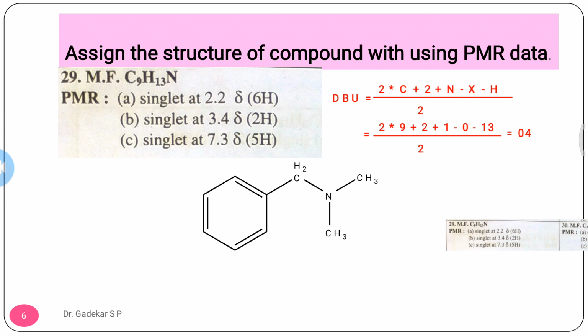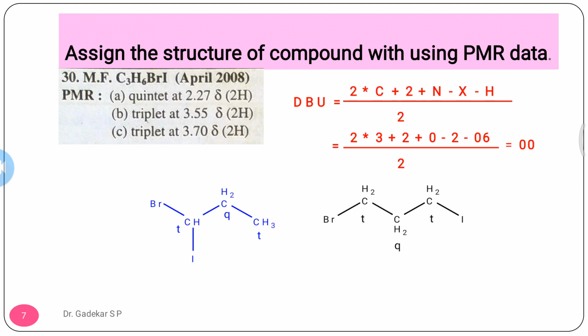It means no neighboring protons. And third, singlet for 5 hydrogens. Again, 5 hydrogens chemically equivalent, it means presence of a benzene ring. Connecting this information, the possible structure is like this. This is the possible structure of the given data.